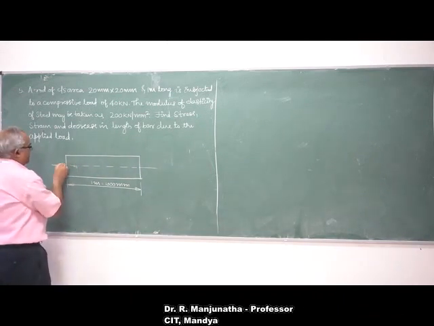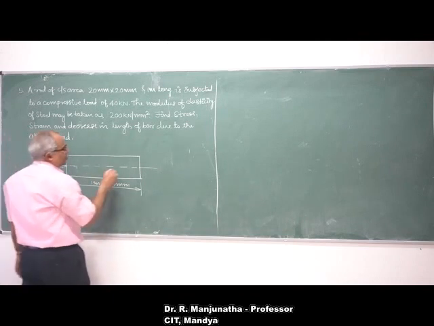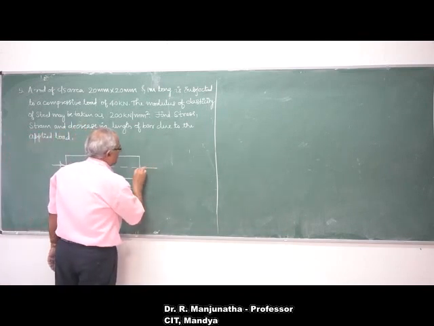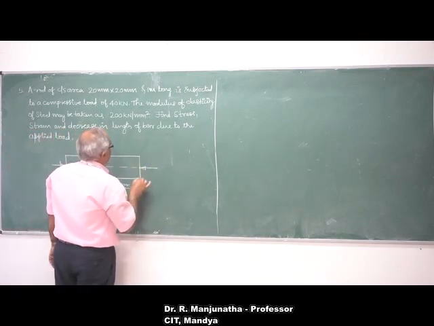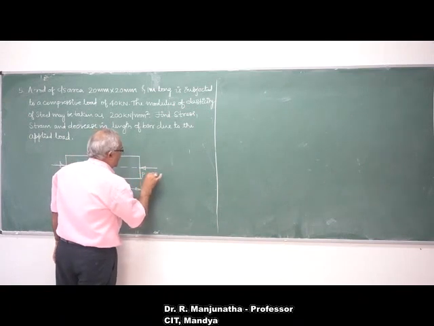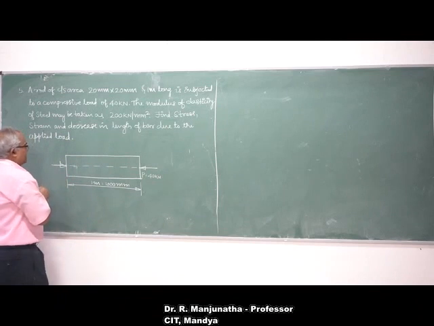Since it is a compressive load, both the forces are acting towards each other. Here this will be P, which is equal to 40 kilonewton, and here this will be 40 kilonewton.